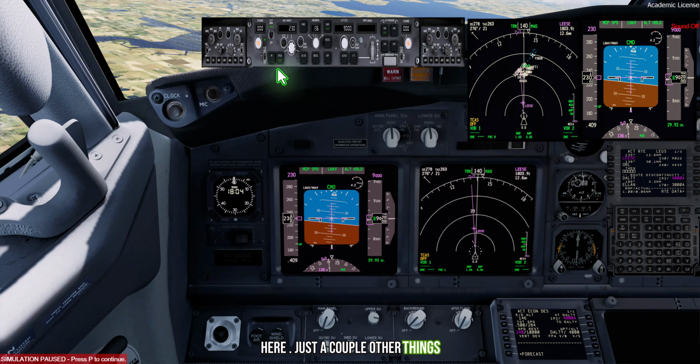Just a couple other things that have to do with situational awareness too. As pilots in the cockpit, again, I've talked a number of times about making sure these two displays are different. Now, in this case here, this is a little unusual because this has such a huge distance that all these waypoints are just kind of blended in here.